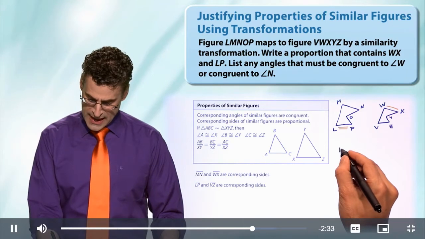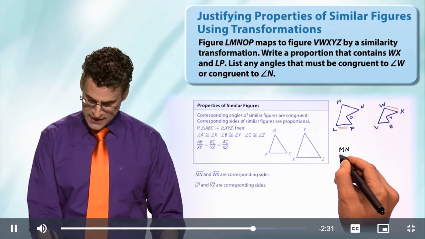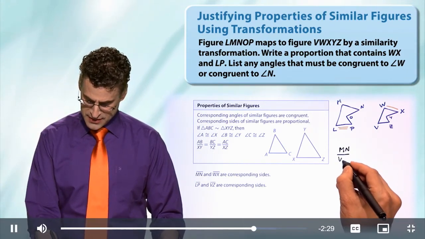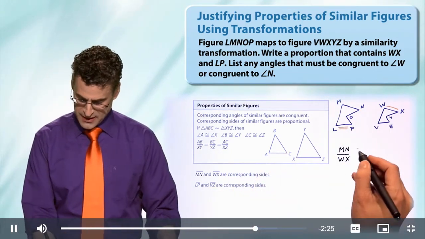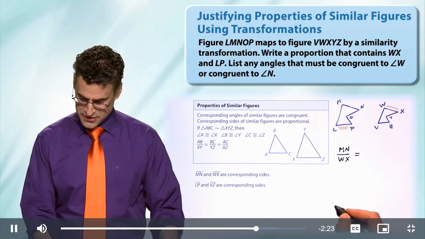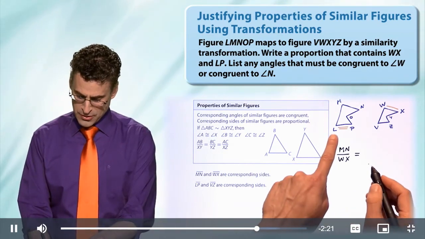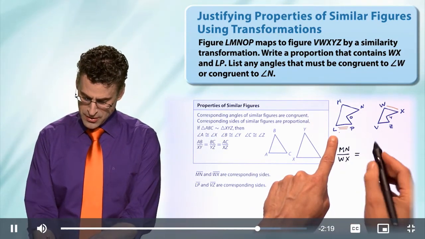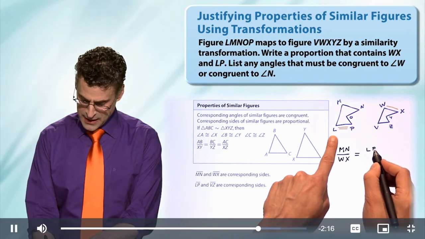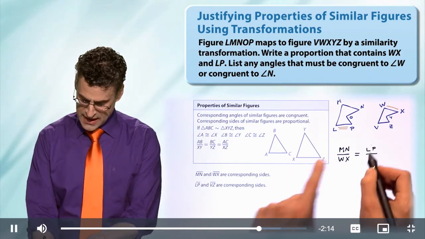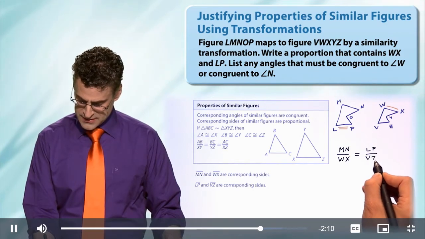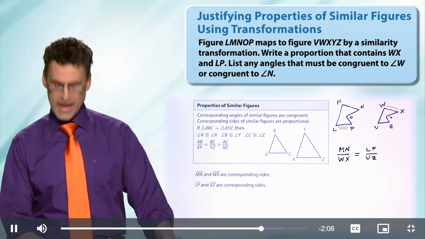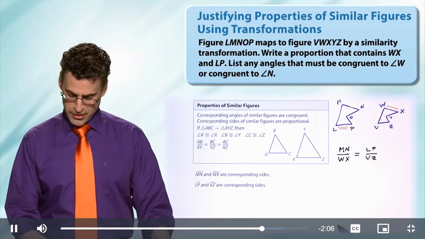So MN is to WX. You see how I really am picking up the corresponding vertices, and that's going to be equal to the ratio between LP and VZ.